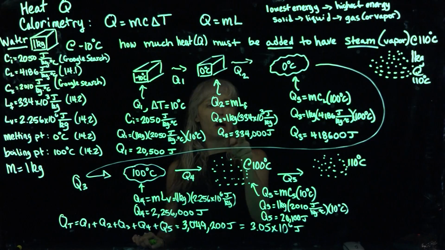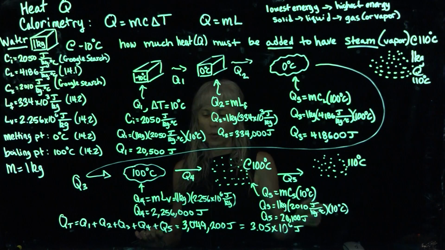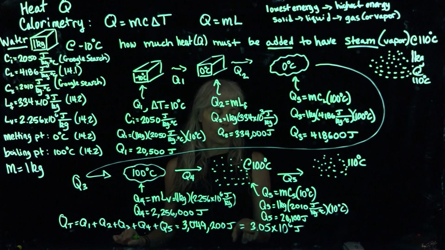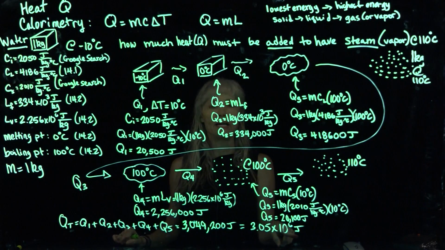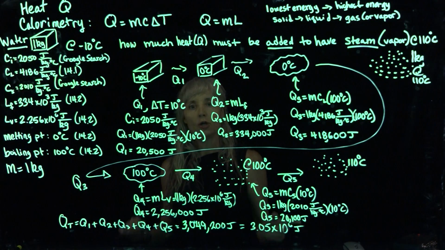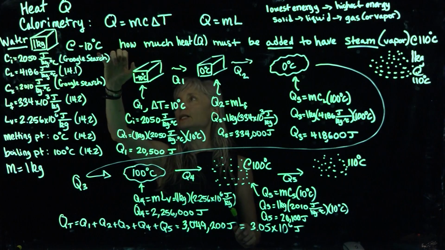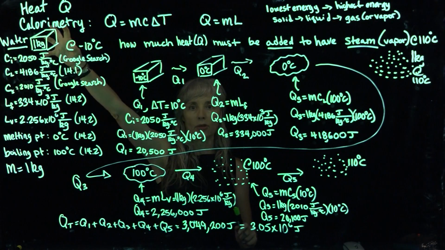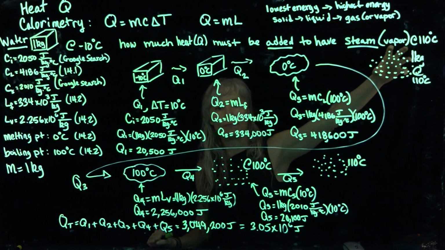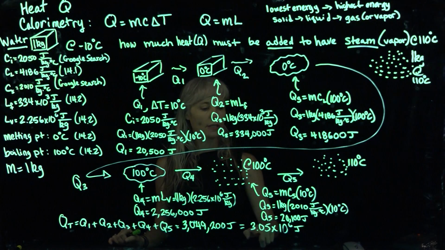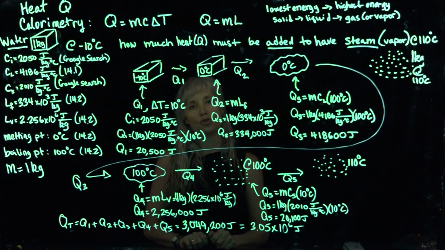So when you sum up all of these heats together, what you get is 3,049,200 joules, or 3.05 times 10 to the 6th joules. So the answer to the question to get from minus 10 degrees C block of 1 kilogram ice to 1 kilogram steam at 110 degrees C is that I need to add 3.05 times 10 to the 6th joules of heat energy to this material.